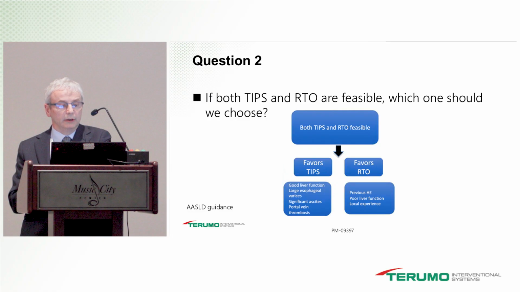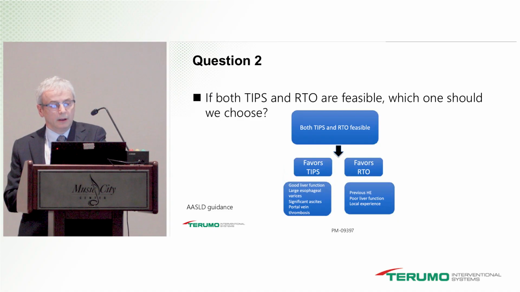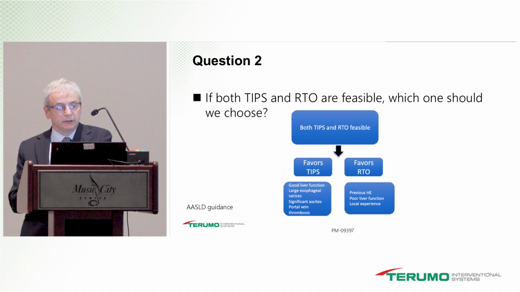It's difficult to do only RTO; it has to be at least completed with a small TIPS. TIPS is also favored when there is portal vein thrombosis, because you can rescue the portal vein thrombosis with the TIPS. RTO is favored in patients that had previous hepatic encephalopathy, that have poor liver function, and where there is local experience.